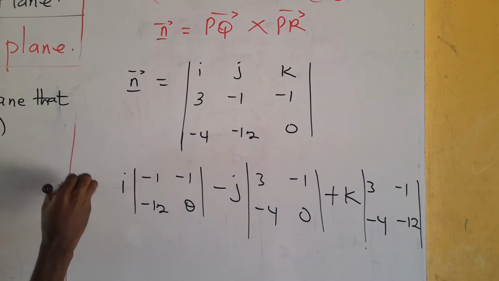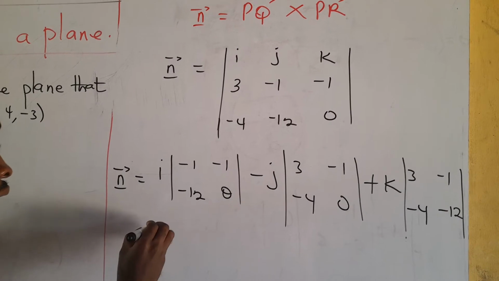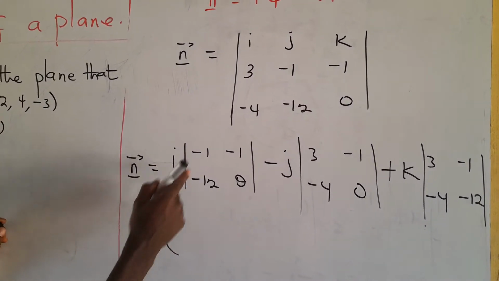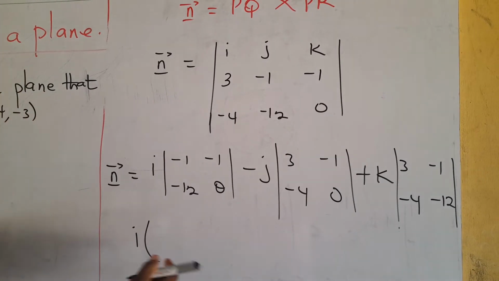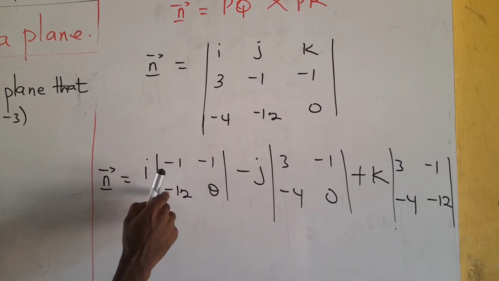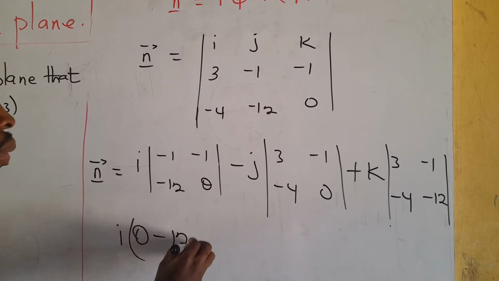So that's our normal vector N. We get i bracket: negative 1 times 0 is 0, then minus negative 12 times negative 1, that will be 12, so minus 12.